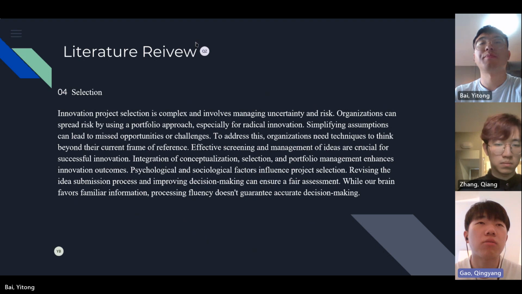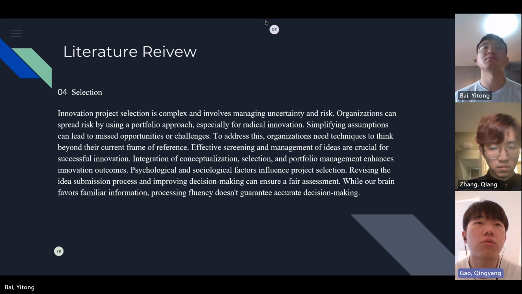So the selection part of the literature review talks about how innovation project selection is complex and involves managing uncertainty and risk. Organizations can spread risk by using a portfolio approach, especially for radical innovation. Simplifying assumptions can lead to missed opportunities and challenges. To address this, organizations need techniques to think beyond their current frame of reference.